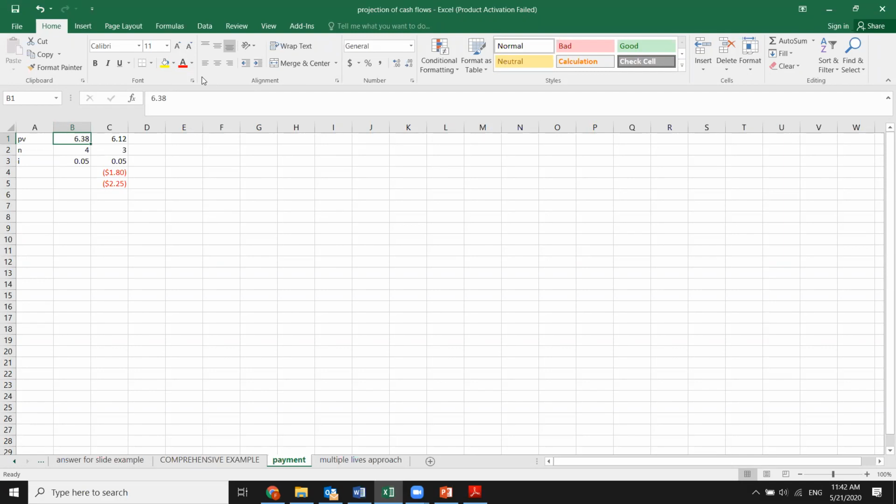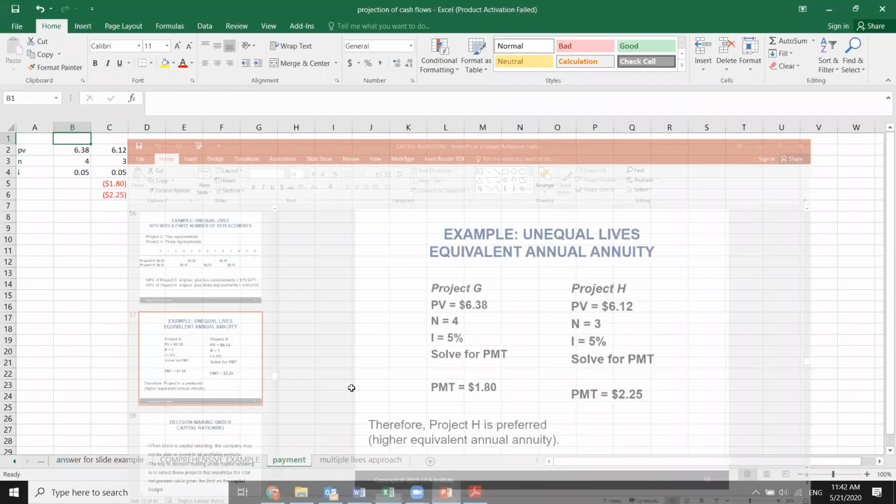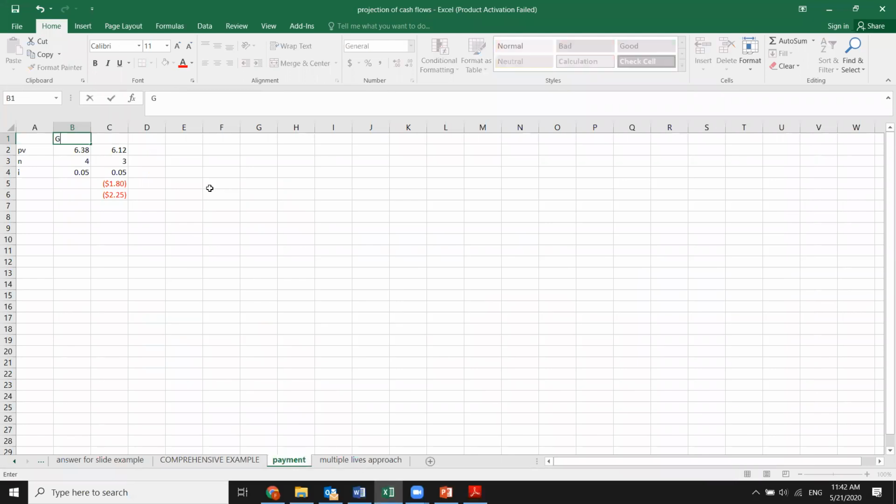So we are trying to calculate how much annuity payment it would give you. It gives you the present value. In the first project, let's say this is project G, and this is project H. So we will see which project to choose, okay?